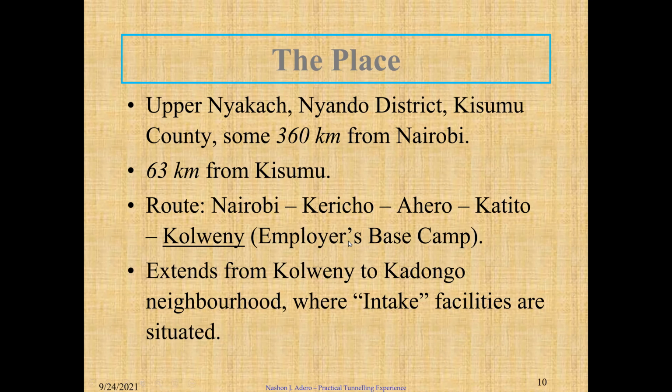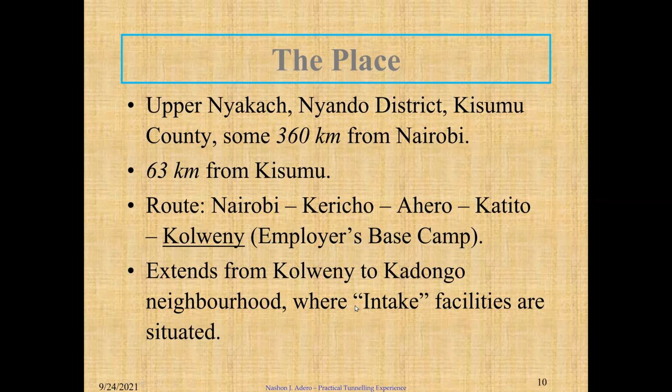So this employer's base camp, finally after the consultants have left the site, remains a property of the employer, in this case, KenGen. So this project extended all the way from somewhere called Kolwen to the Kadongo neighborhood.